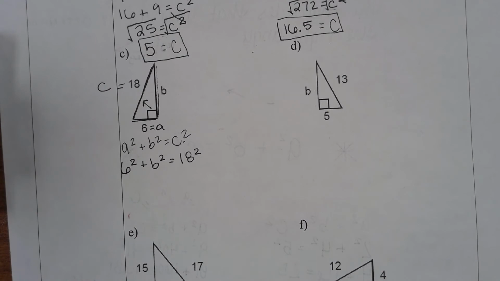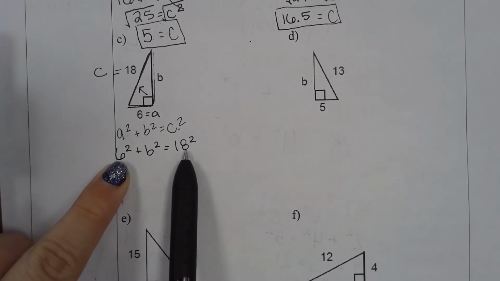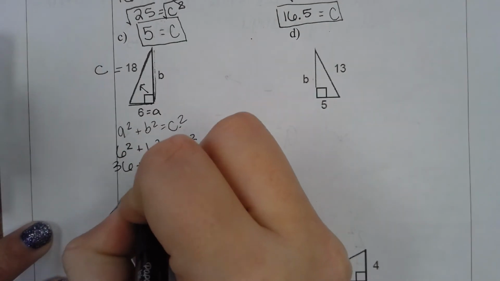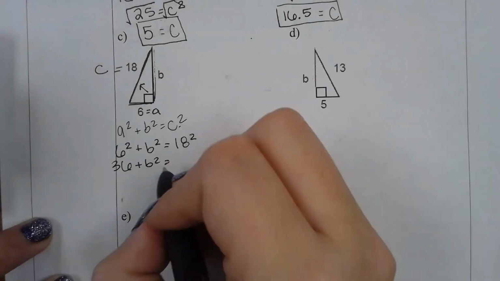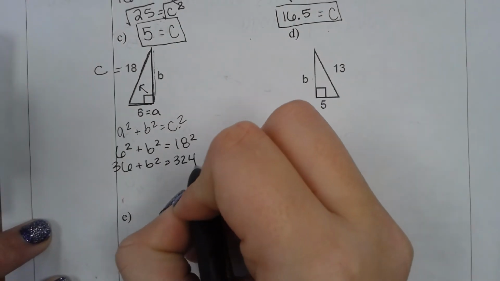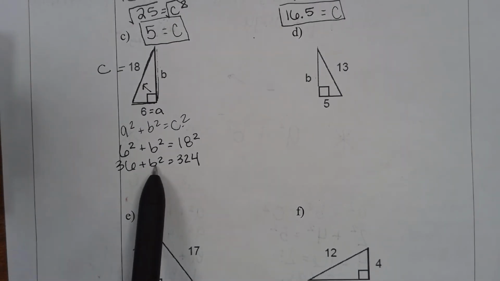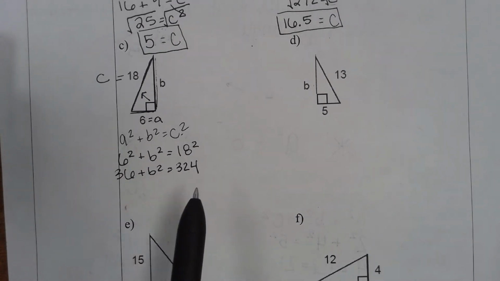So notice how I do need to simplify first by squaring numbers. So 6 squared is 36. 18 squared is 324. And then now notice what we have to do here. So we're trying to solve for b, which means that we need to get b by itself and everything else over to the other side.